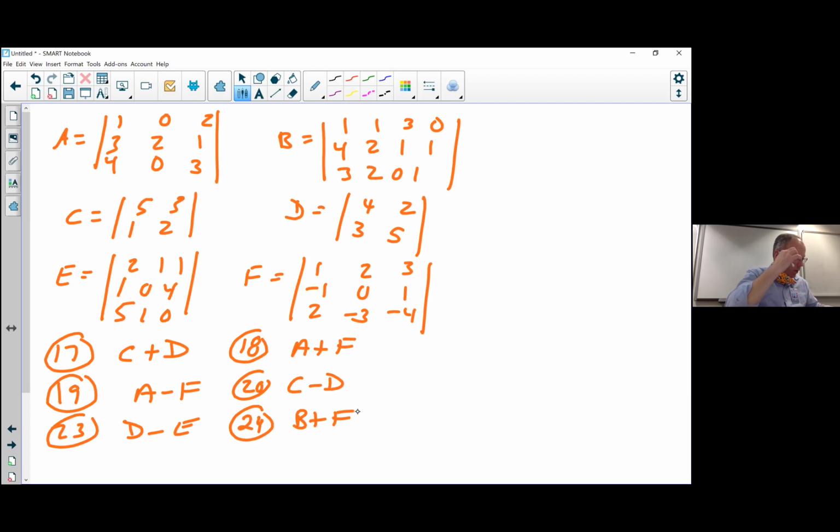That's what I want you to work on for next time, and you should be able to work with those pretty easily. I will show you in class how we're going to put these into the calculator so we can deal with those.